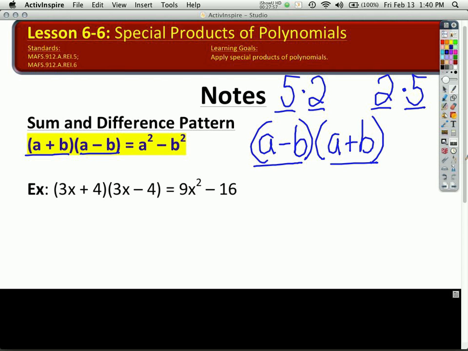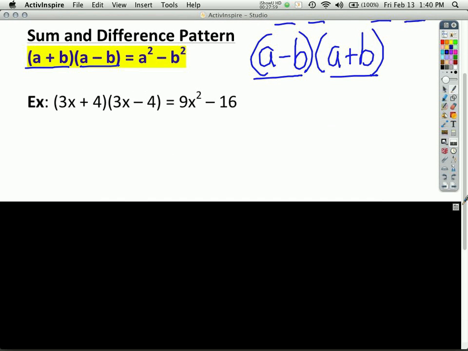So let's make sure we see that. And that's why I asked you to leave a few lines of space. So here's my example. Following the pattern, we already know it's going to end up into that. The first term squared, the second term squared, and then we put a subtraction sign between them. But let's see what happens when we do the FOIL method.